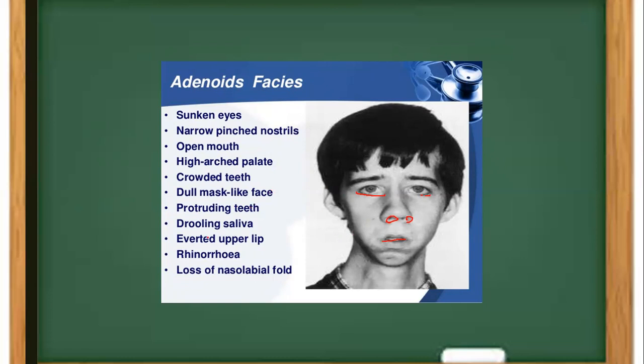Okay. Then everted upper lip, then rhinorrhea, which means nasal discharge will be present, and loss of nasolabial fold. So these are the typical features of the patient in adenoiditis, called adenoid facies.